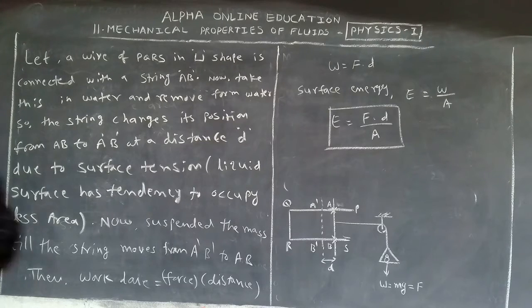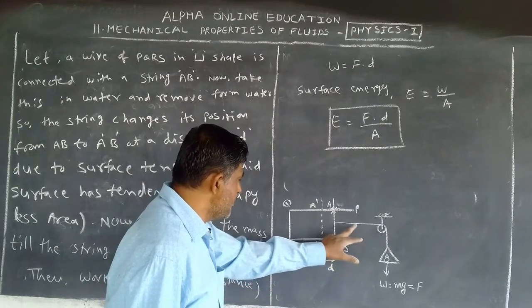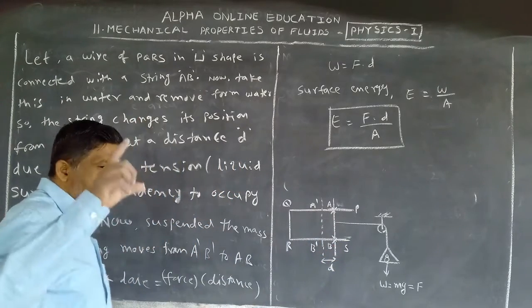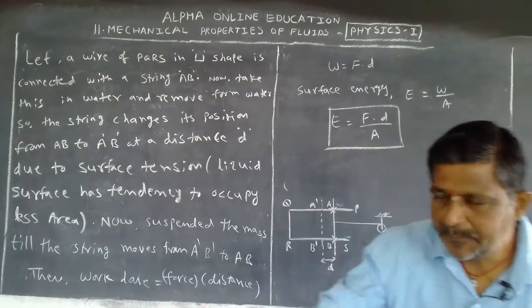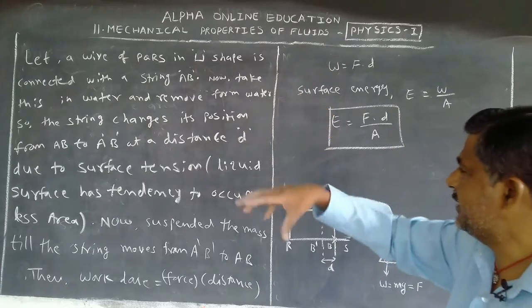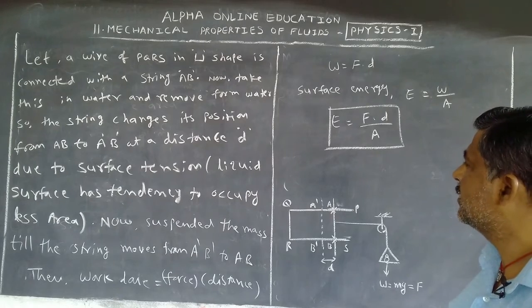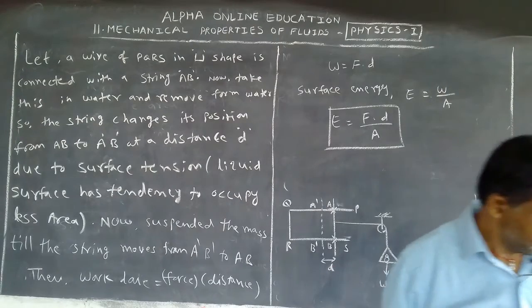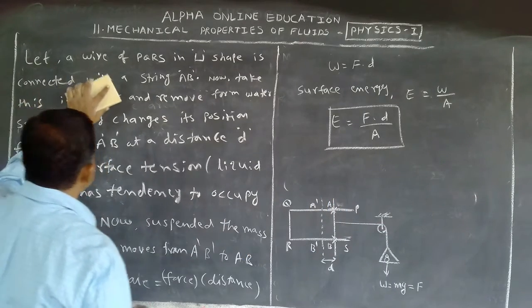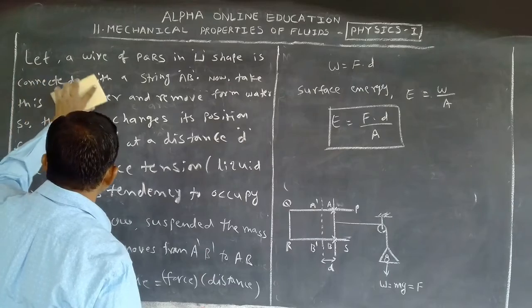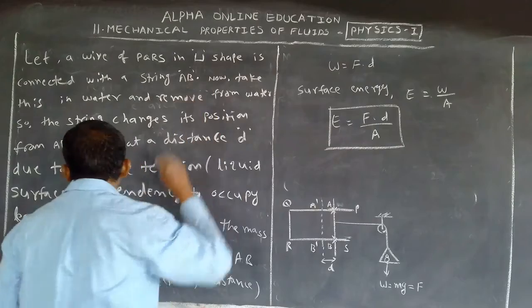Okay, once again I am explaining that. You take a wire PQRS in U shape. Now you take one string AB and dip it in water and remove it from water.